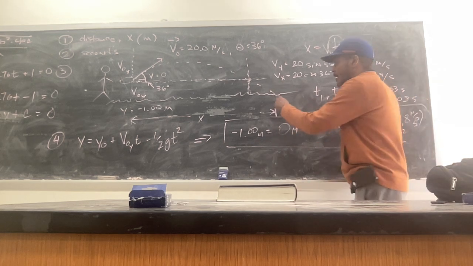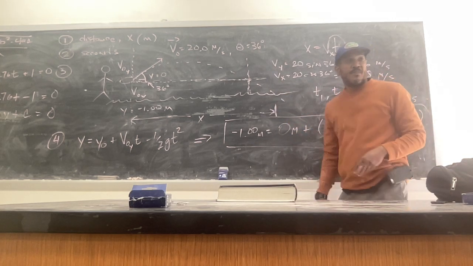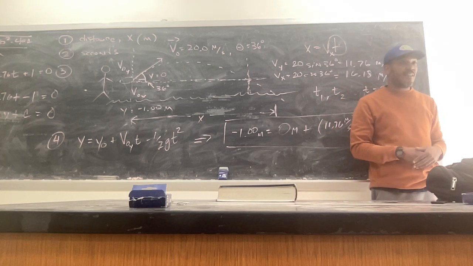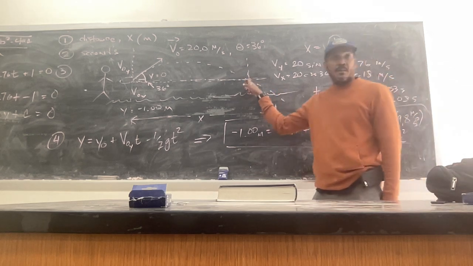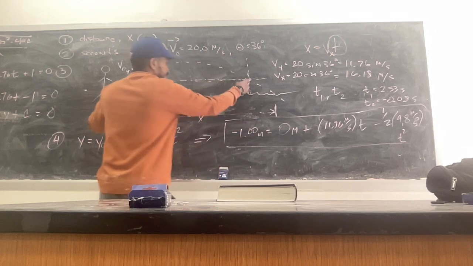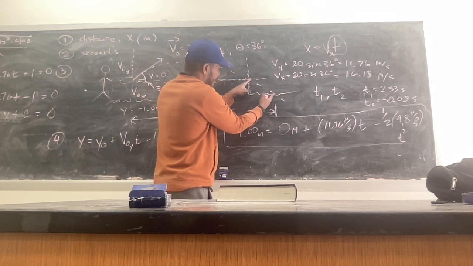So where does the ball stop? Right here. Okay? So the number you actually calculate is here. This time is here, and that negative number is this.